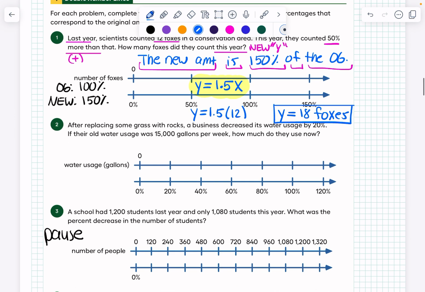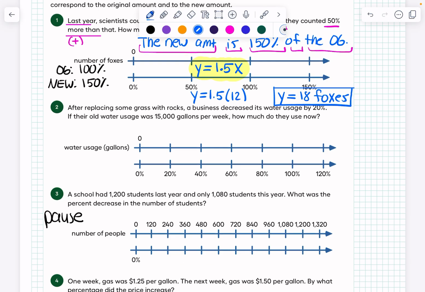But all right, number 2, and our last one too. After replacing some grass with rocks, a business decreased its water usage by 20%. Okay, I'm going to annotate. Decreased by 20%. If their old water usage was 15,000 gallons per week, how much do they use now? Okay.